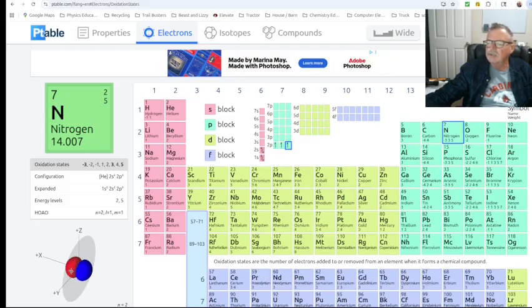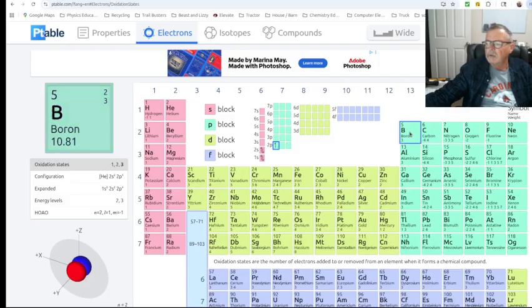Now it seems like those would be exactly the same atoms, but it doesn't work that way. They've got different numbers of electrons. So here's oxygen. Okay, that kind of looked like boron, didn't it? Let's go back to boron. Yeah, it looks just like boron. But we're filling in another electron there for oxygen.